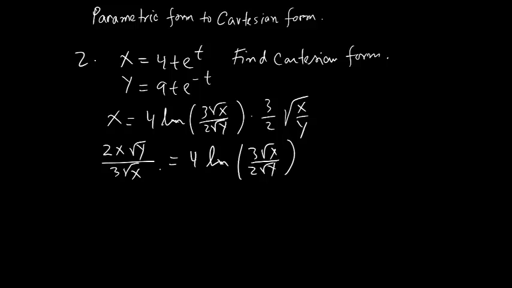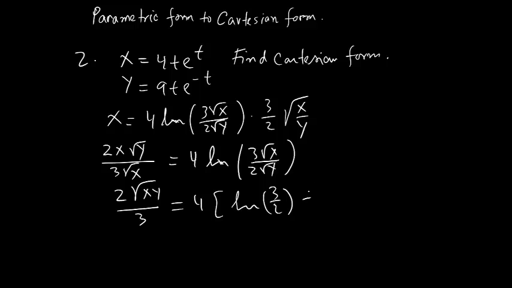Now you get 2 square root of x times x, which makes it square root of xy, over 3. This is 4. If you want to split this one, that is fine. Natural log of 3 over 2, plus, I'm sorry, plus natural log of square root of x over y, you can put in one place. Okay, I'll make it a bracket like that.